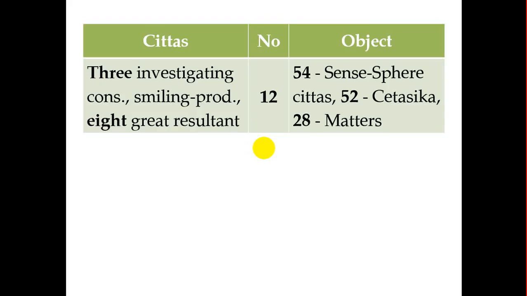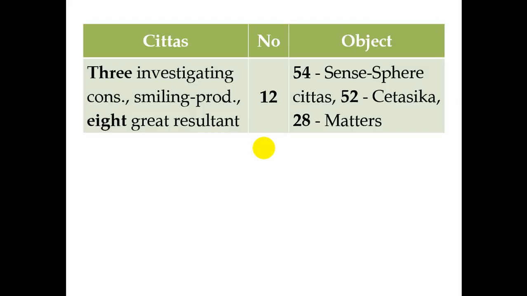28 mattas. So when we talk about the 3 types of investigating consciousness, mind-element producing consciousness, and 8 great resultant chaitas, altogether 12, if we remember it in a short way, these 12 chaitas take only the sense sphere.